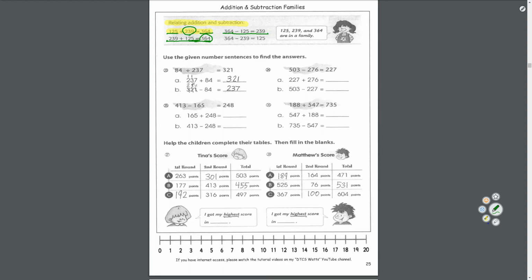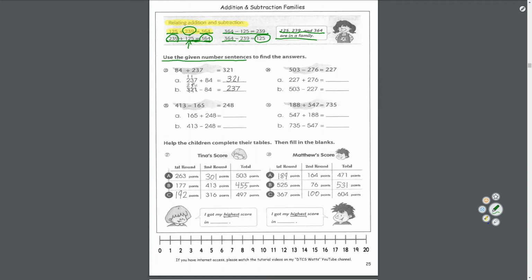So if we do 364 take away 239, it will equal 125. So that means 125, 239, and 364 are in a family, because you can mix up the numbers in different ways and you're going to know what the answer will be.